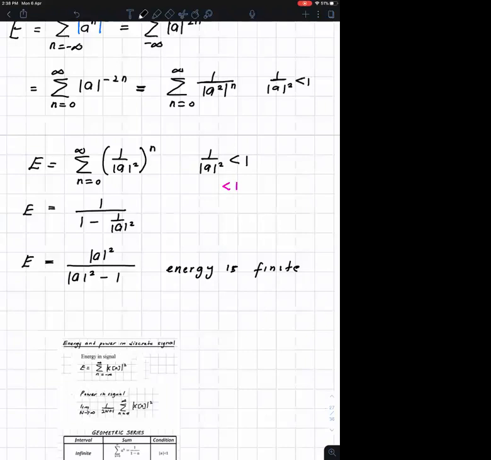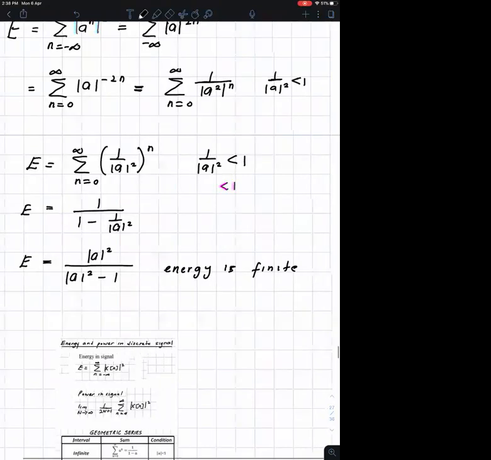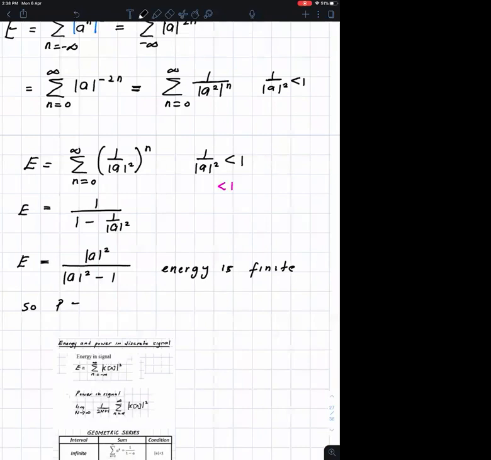Since the energy is finite, the average power is 0.